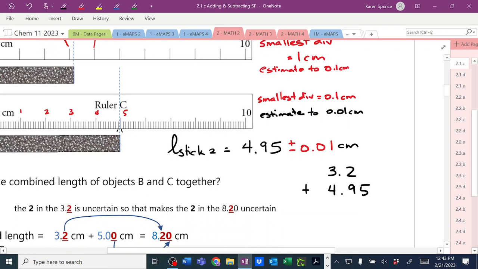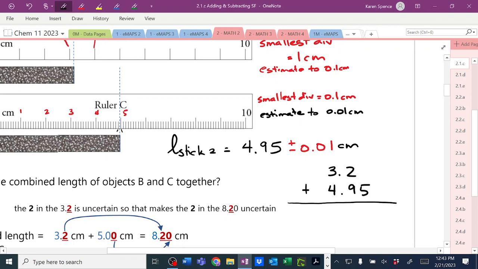And often when we are adding, we will line things up vertically and make sure our decimal points line up, okay? It's not necessary to line them up vertically. You can add this plus this in a straight line like that, but we'll show this to start with because it's nice to see where your uncertain digits lie.